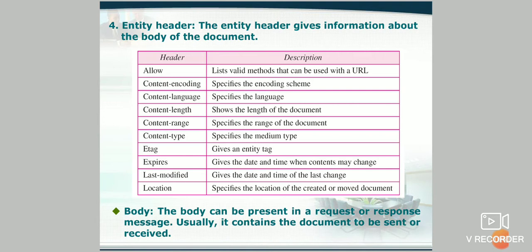So in the case of entity header, the entity header gives information about the body of the document, although it is mostly present in response messages, and some request messages also use the entity header, like the post and put methods that contain a body and also use the header fields like allow, content encoding, content language, content length, content range, content type, e-tag, expires, last modified, location.